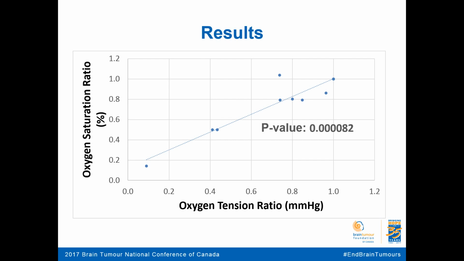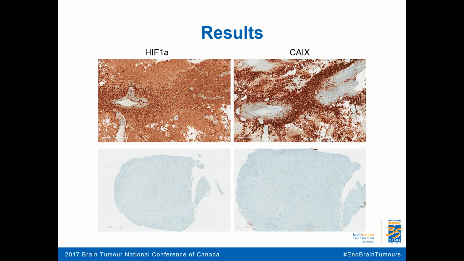But to further validate our technique, we stained pathology samples from those areas where we measured oxygenation. One is HIF1 alpha. HIF1 alpha is a very well-known tissue marker for hypoxia, and this is an area that was hypoxic and low in oxygen. This area is high in oxygen in the tumor.